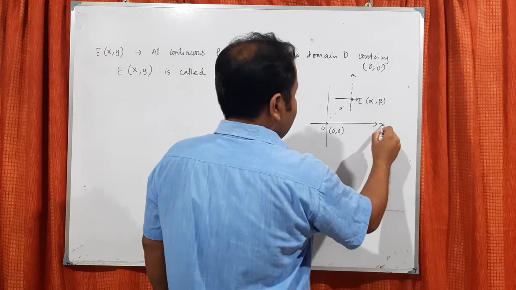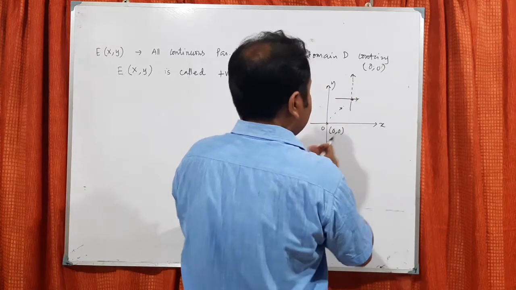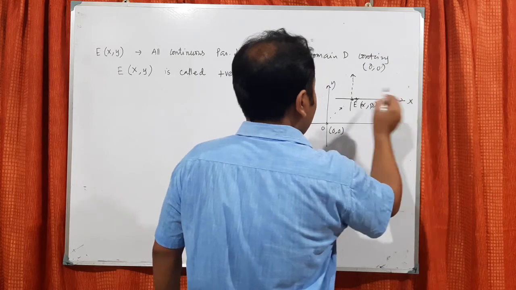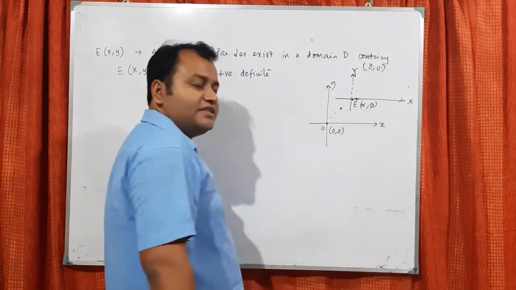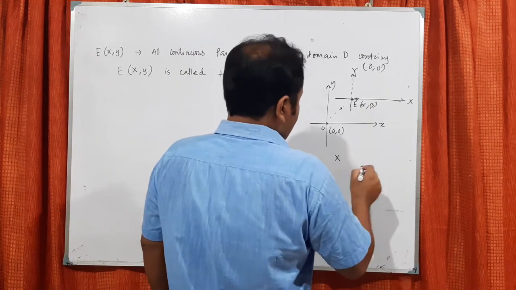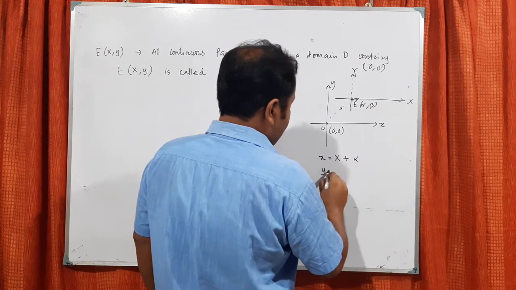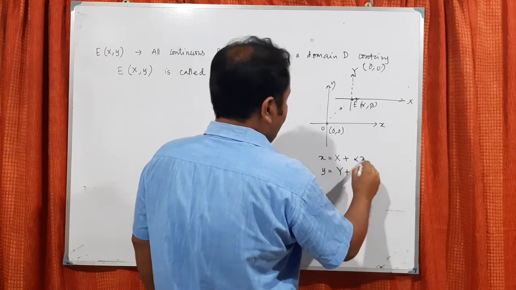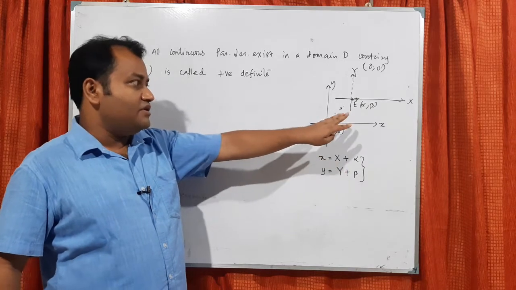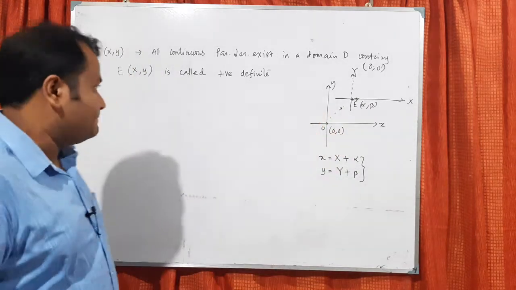If this is the x axis and this is the y axis, the new axes will be capital X and capital Y, where X equals x plus alpha, and Y equals y plus beta. So in the new system this point becomes (0,0). It is better to concentrate on (0,0), so everything will be clear.